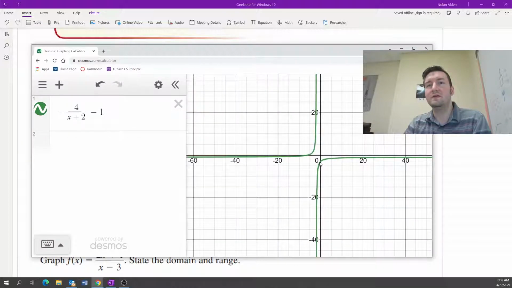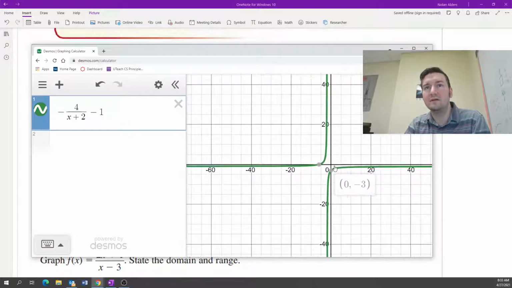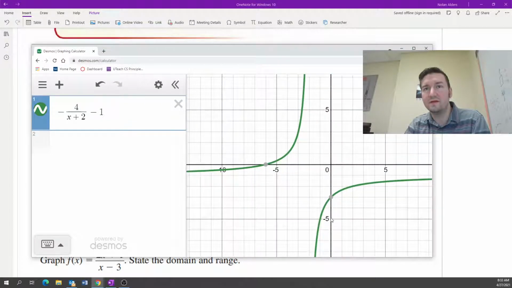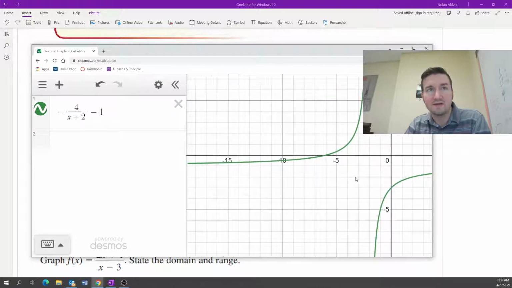So you can see that the function goes up forever and it goes down forever, but there's one line where, whatever this asymptote is, there's an area where it doesn't touch. It approaches it, but it never actually gets there.